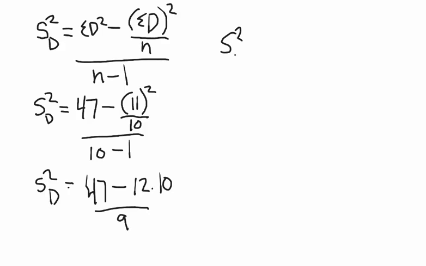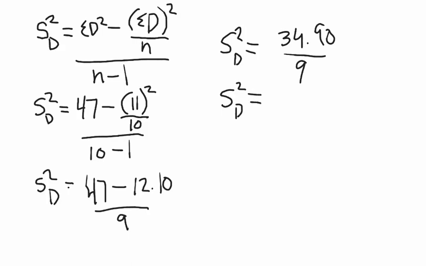Keep working out that math, and I'll end up with 34.90 over 9, which will give me the variance of the difference scores, which is 3.877. Remember, you want to carry out your intermediate calculations at least 3 decimal places so you don't end up having a lot of rounding error.